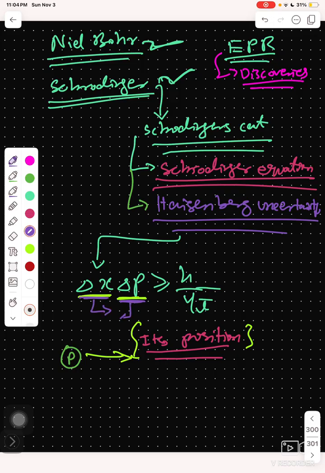So if this is increasing, this will for sure decrease in preciseness, so you will not be able to know how fast or where it's going when you know where it is in that space. That's weird, right? It's a weird concept that you know where it is right now, but you don't know where it will go. But when you know where it is going, you don't know where it is at that time.